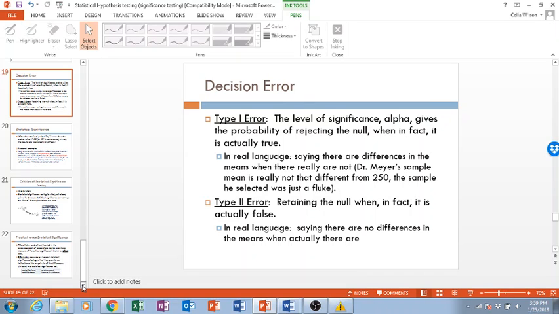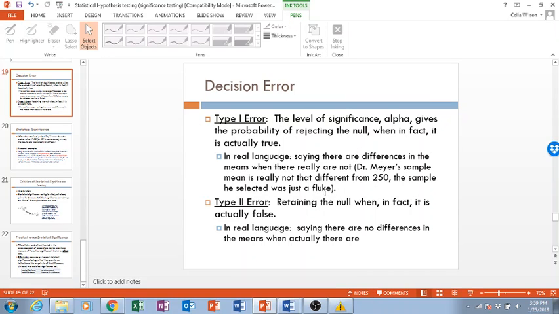It's just that his sample was kooky, right? We wouldn't know that necessarily at first. Now, if we replicated the study, we'd figure that out, or if someone came behind us and replicated, they would figure it out. If we make that mistake, if we say there is significance, if we reject that null when in fact the null is actually true, then we've committed a type 1 error.